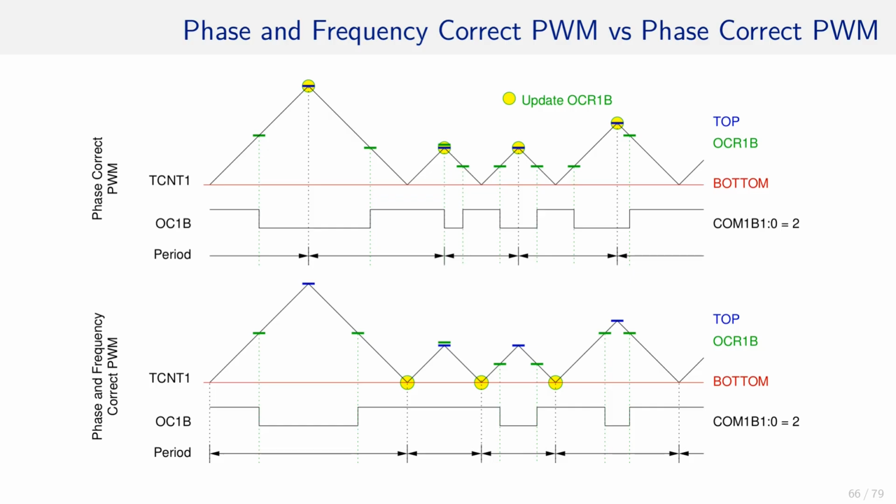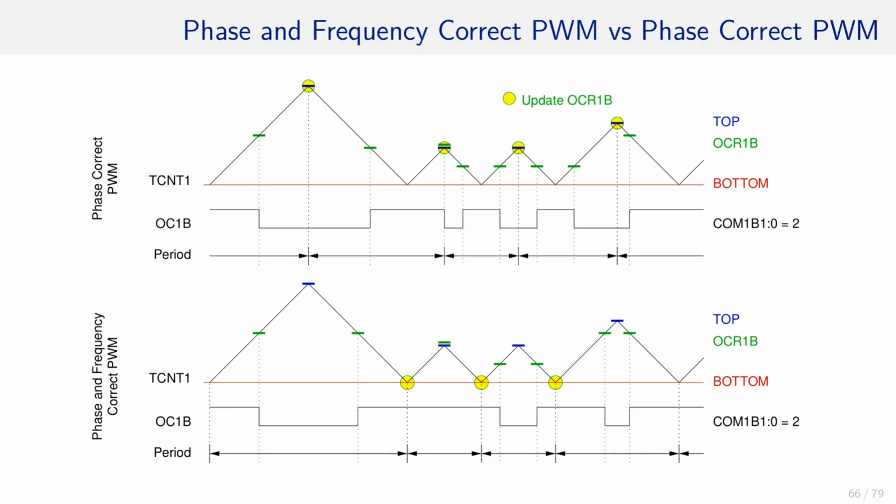So what is the impact of that little change? The yellow circles indicate the time when OCRnB is updated if a new value is written to it. For phase correct PWM, it is at the top. For phase and frequency correct PWM, at the bottom value.